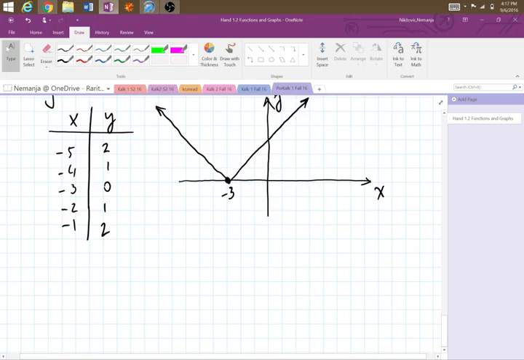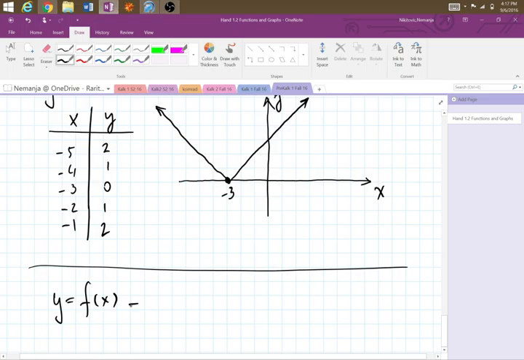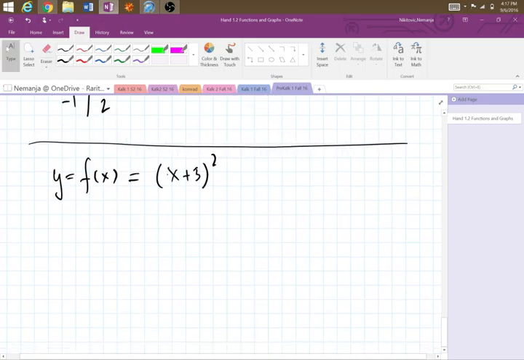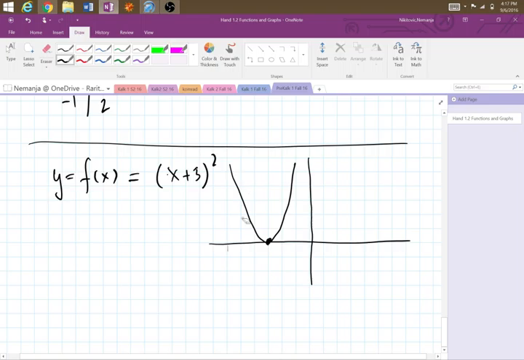Because another function that looks like this, y equals f of x is x plus 3 everything squared, is going to have a U shape, which is a parabola. So if you curved at negative 3 for the previous example, it's wrong. This one is curved, and the other one has a spike.